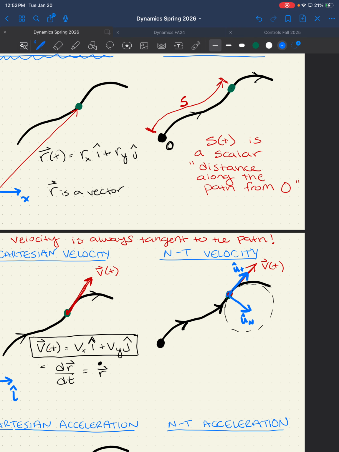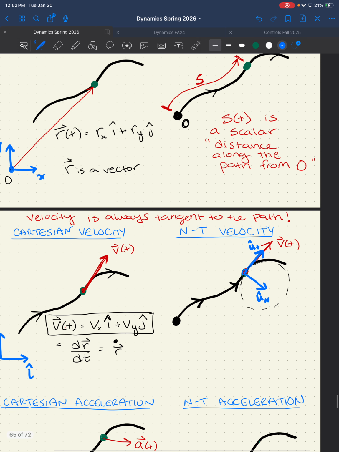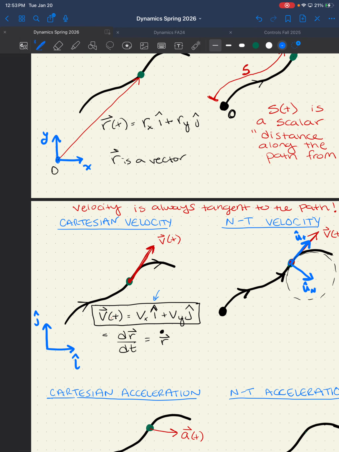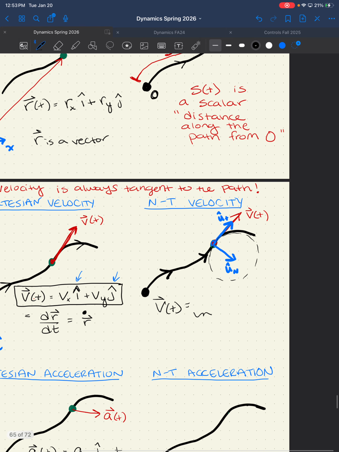So before, my unit vectors were i and j. Now my unit vectors, I'm going to write v of t equals some amount in the u hat t direction plus some amount in the u hat n direction.